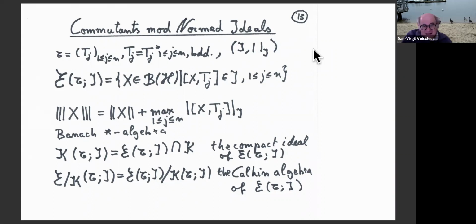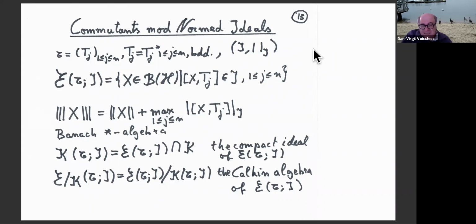And what turned out? It turned out that to understand these algebras, one has to consider the ideal of compact operators inside. So it's the intersection of E tau I with the compact operators. This is the compact ideal.